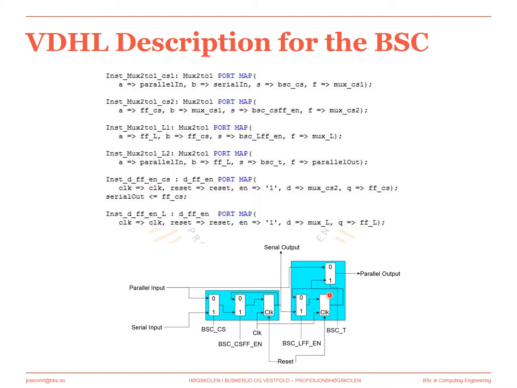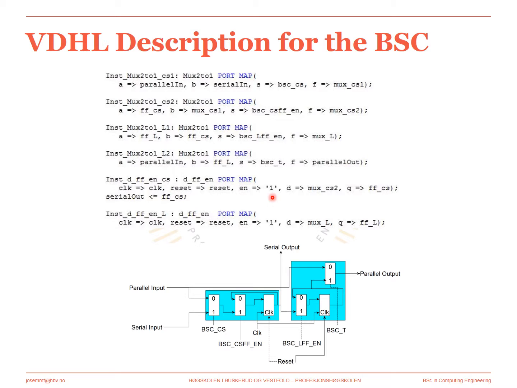This is the code for a single boundary scan cell, which corresponds to the picture shown at the bottom of this slide. The code simply connects the correct inputs to the right places regarding the flip-flops and multiplexers. Something that should be mentioned is the lack of a dedicated flip-flop enable input. But because the flip-flops will always be enabled, we decided to use 1 as a constant input to the flip-flop enable.